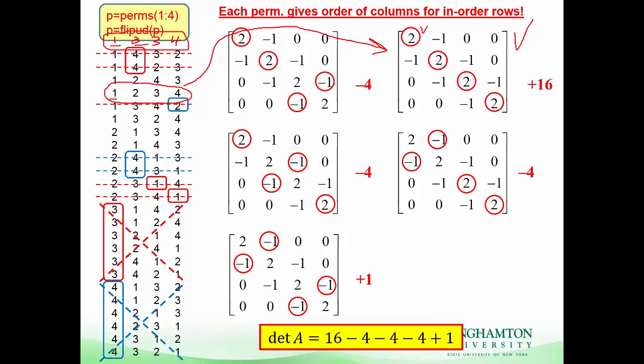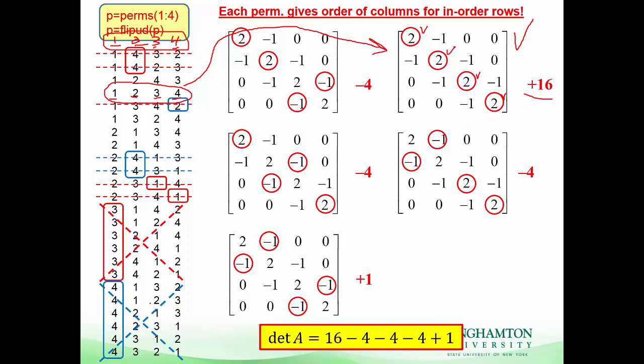Take row 2, column 2. That's this one. Take row 3, column 3. That's this one. Take row 4, column 4. That's this one. And the product of those is 16. So that's one of the terms that's in the big formula. Okay?